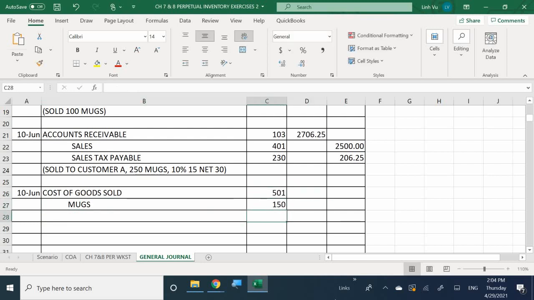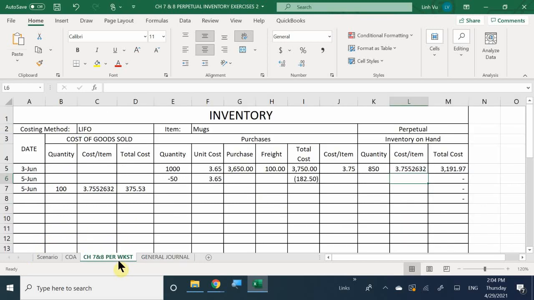Okay. So now that we have that, where can we figure out how to solve for the cost of goods sold? The inventory worksheet.